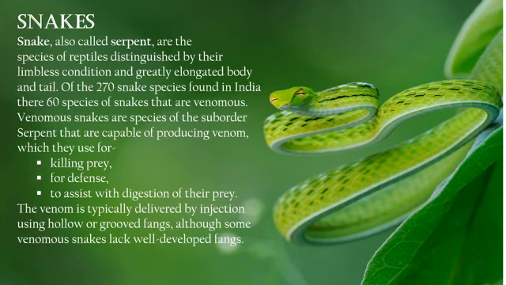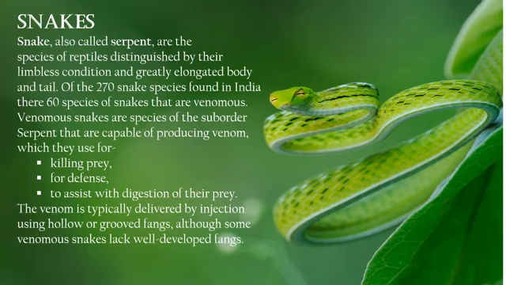Of the 270 snake species found in India, there are 60 species of snakes that are venomous. Venomous snakes are species of the suborder serpent that are capable of producing venom, which they use for killing prey. So, they don't have limbs, and they need venom to kill their prey in order to feed themselves.